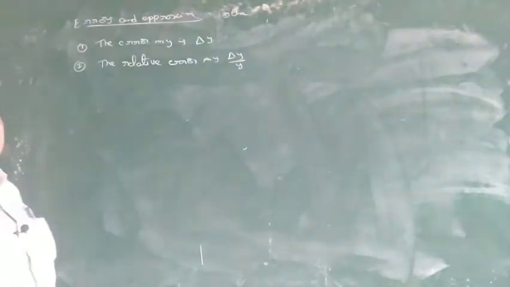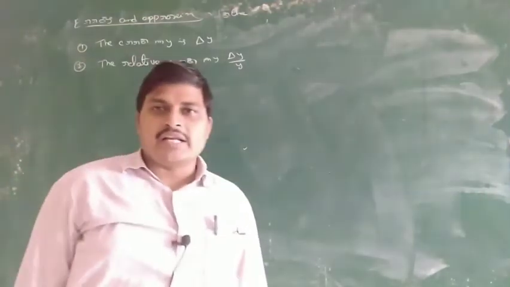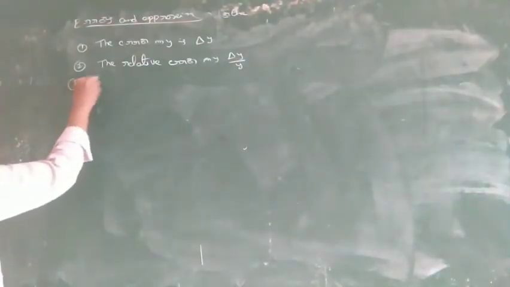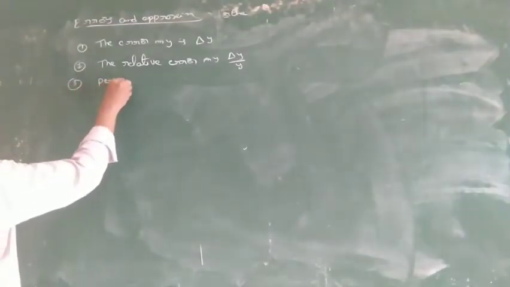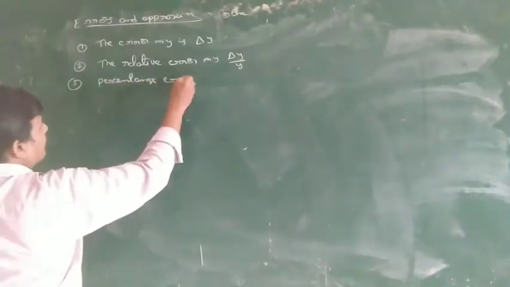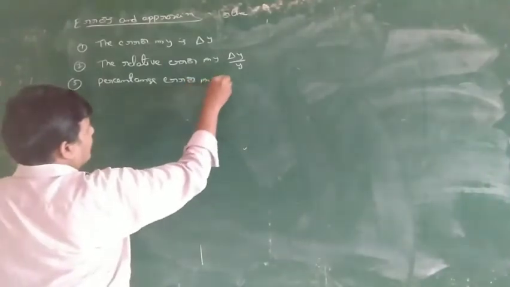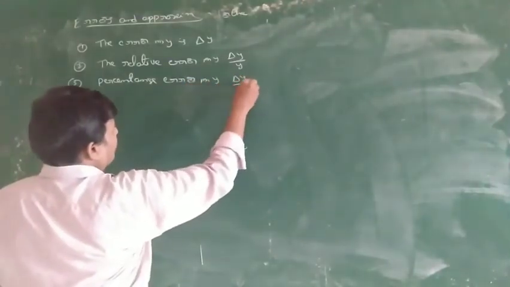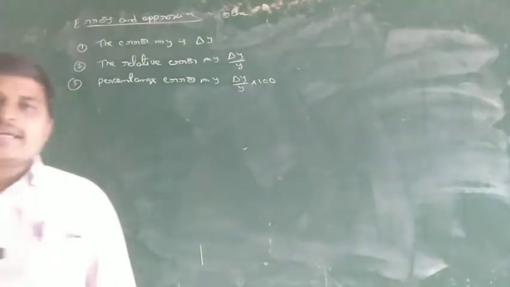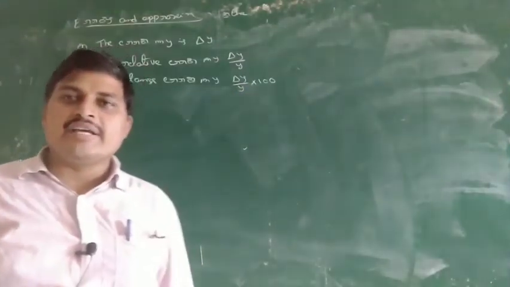Relative error in area, delta A by A. Relative error in volume, delta V by V. Next, third one. Percentage error in y equal to delta y by y into 100.